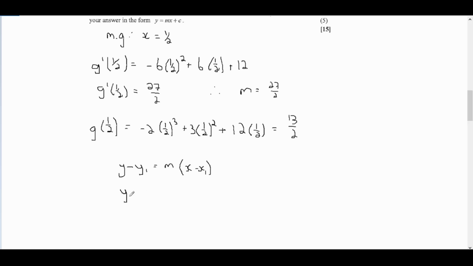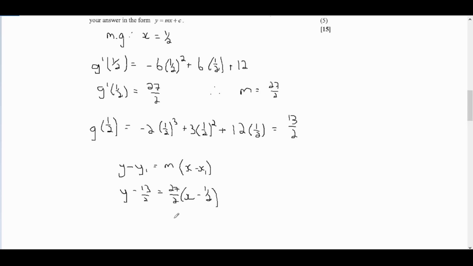So y we just leave as is, minus the y that we have, which is 13 over 2. It's equal to our gradient, which we have as 27 over 2, x what we're looking for, minus the x of our coordinate that we have, which is a half.